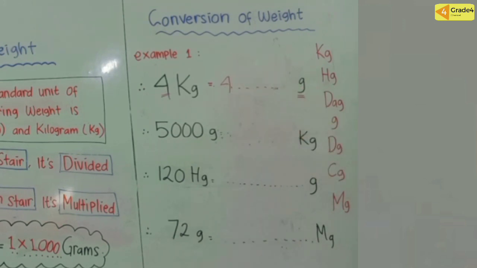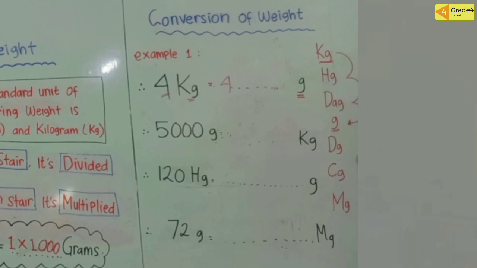And then the second step is you must see kilograms to grams on the 7 stairs, upstairs or downstairs. For kilograms to grams, 1, 2, 3, 3 steps downstairs.